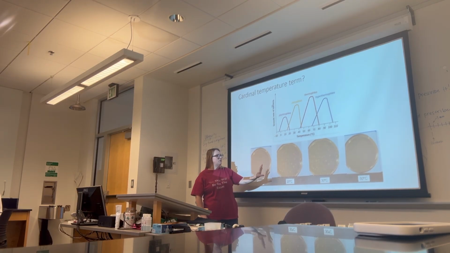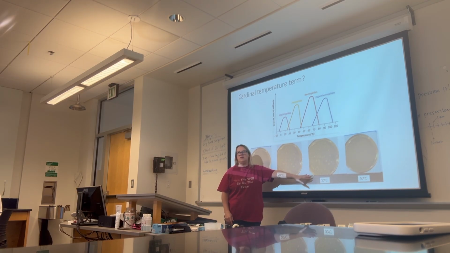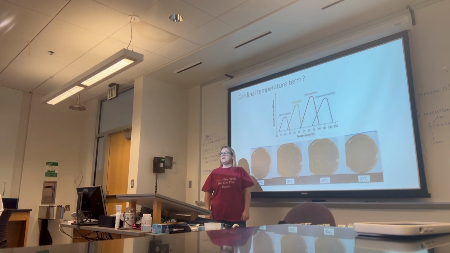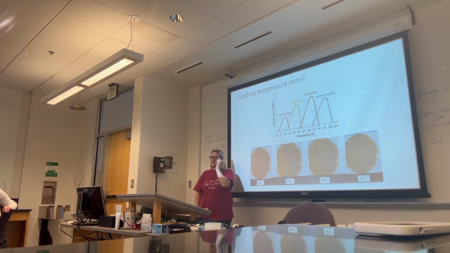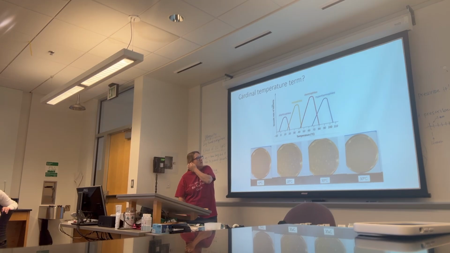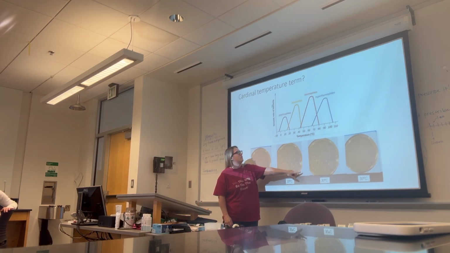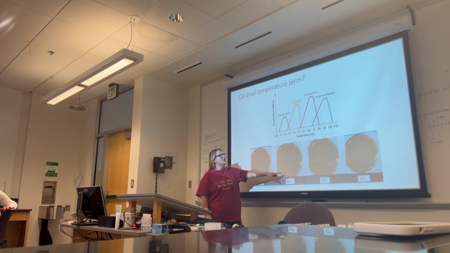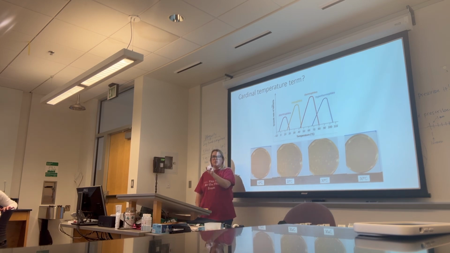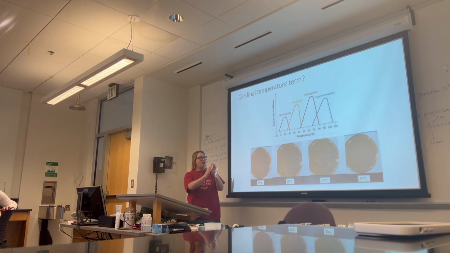So here we have growth in 20 degrees and 30 degrees. What's one word that we would use to describe this organism? The 30 degree is mesophile and the 20 degree will be... So you have to use one term. All of the growth has to be under the curve.